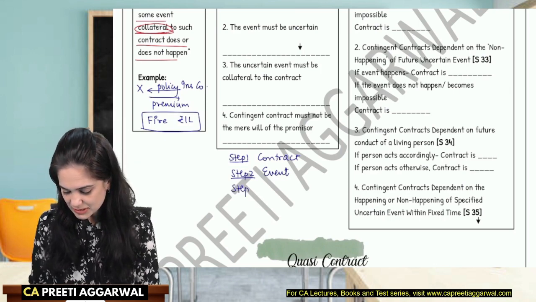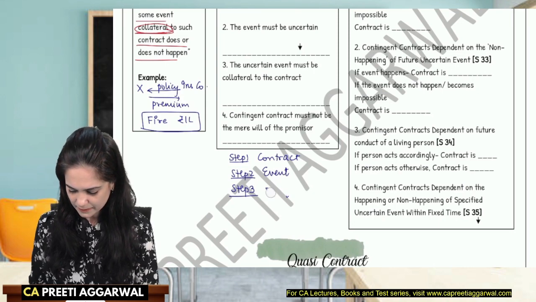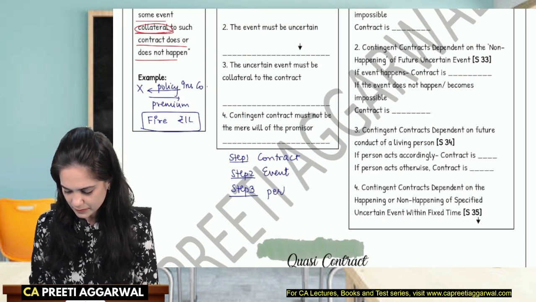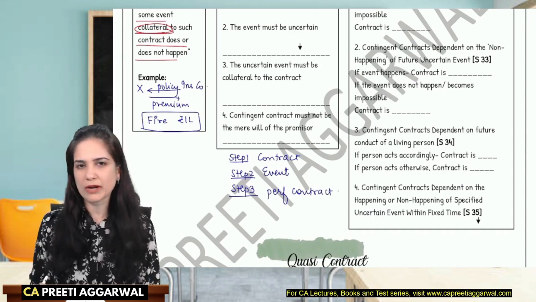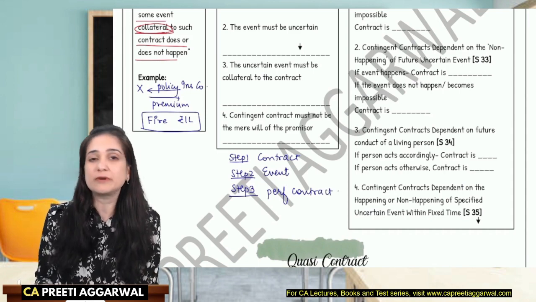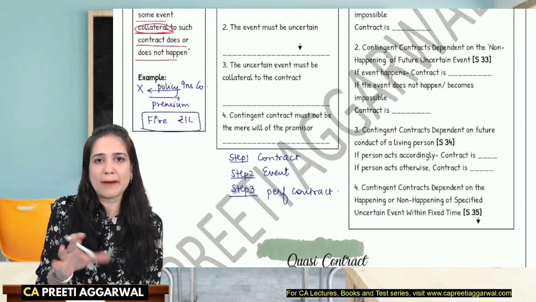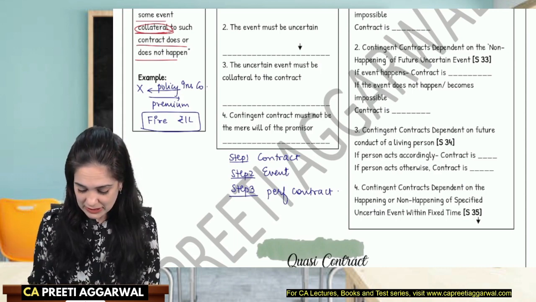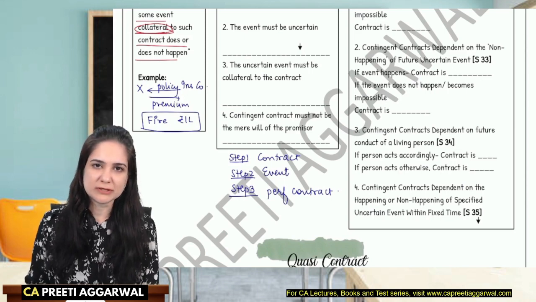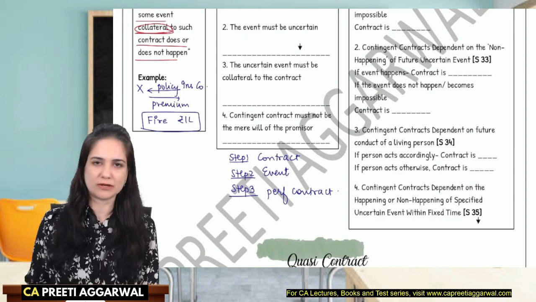Step 3 is the performance of the contract depends upon either happening or non-happening of the event. I don't know whether I need to perform the contract or not. It depends upon happening or non-happening of the uncertain future event. Now, in this case, if fire occurs, X will get money, otherwise not.